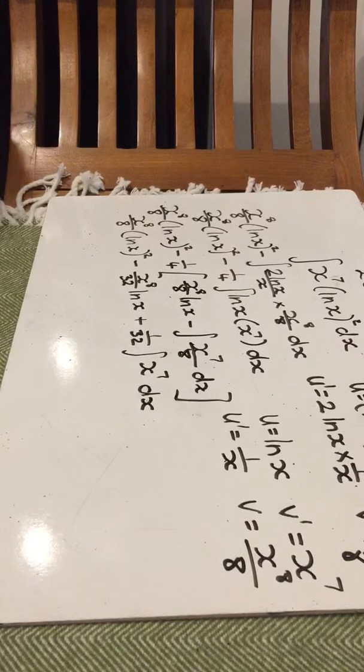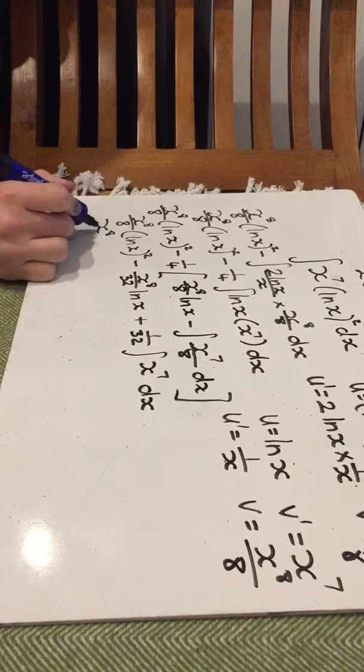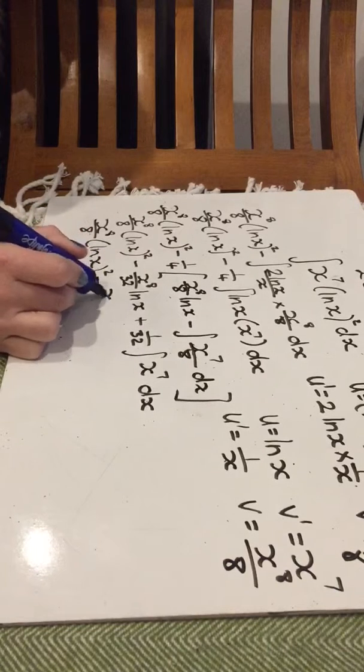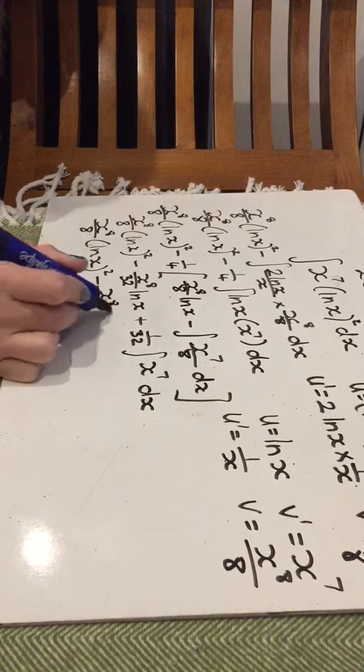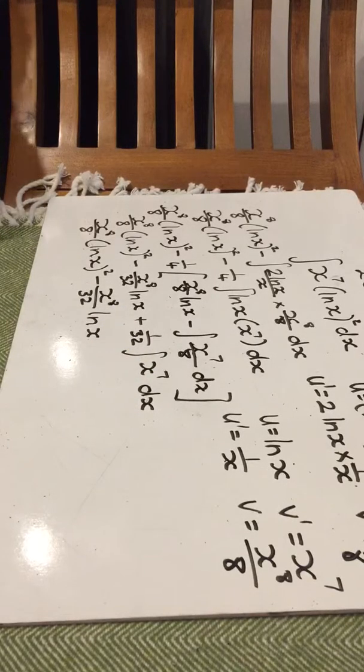And we know that x to the 7 integrates to x to the 8 over 8. So final answer is going to be, now that integrates to x to the 8 over 8.